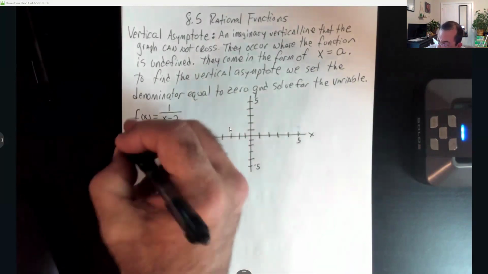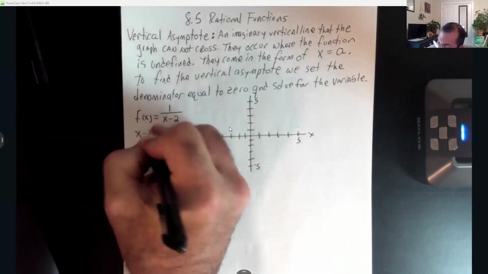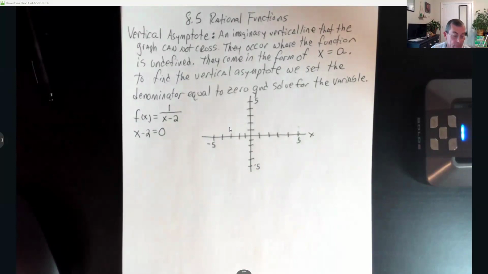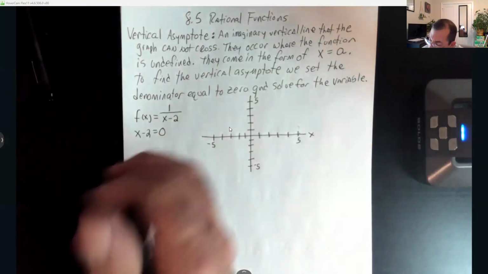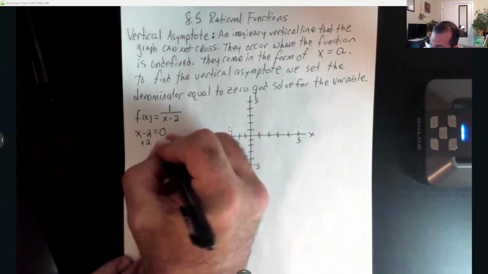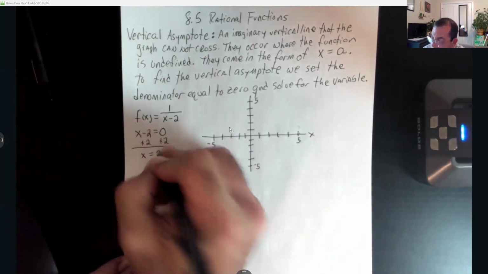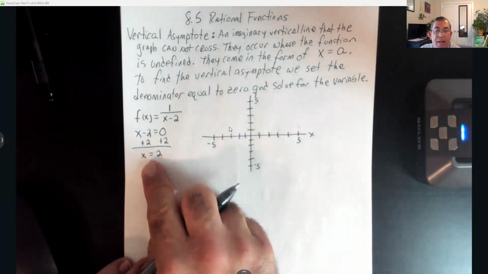So, y'all, let's set the bottom equal to 0 so we can find our vertical asymptote. To do that, we would solve it for x, and we get x equals 2. So that'd be my vertical asymptote.